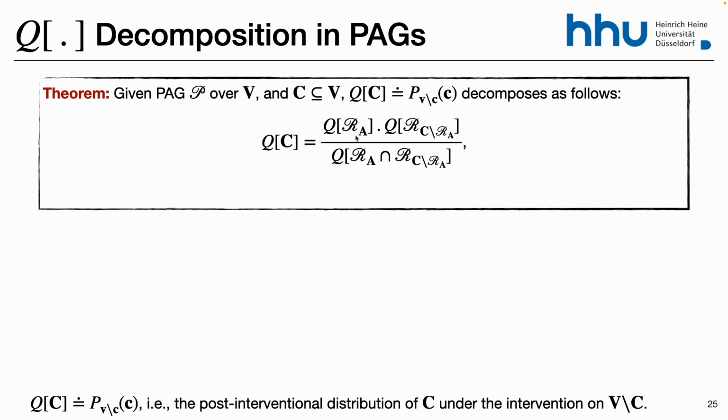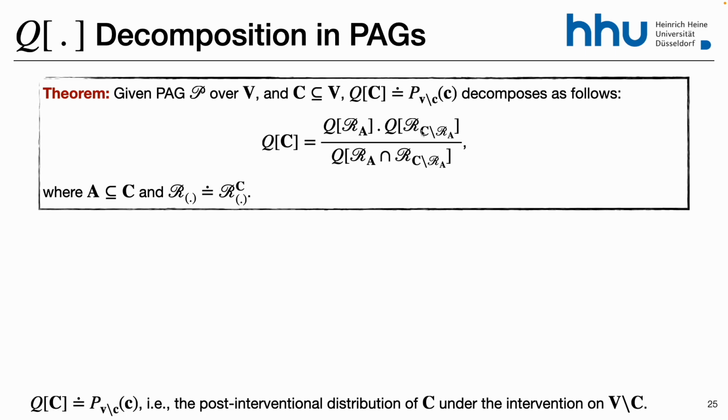It is the product of the Q of the region of A, where A is a subset of C, so A can be anything here. Then I get the region of the variables that are in C but not in the region of A, divided by the intersection of these two regions.